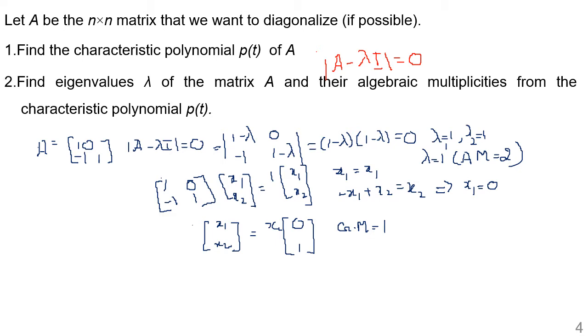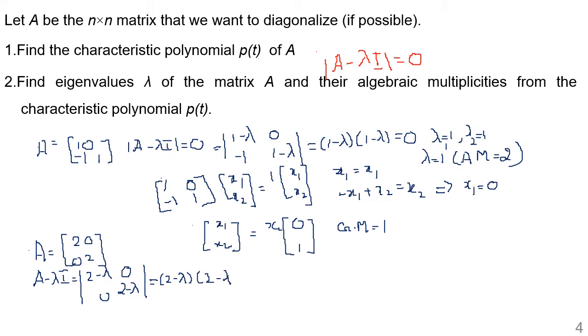We'll take another example where A is given by 2, 0, 0, 2. So A minus lambda I will give me 2 minus lambda, 0, 0, 2 minus lambda. When I simplify this, I get 2 minus lambda times 2 minus lambda is equal to 0, which will give me lambda equal to 2, with algebraic multiplicity equal to 2.